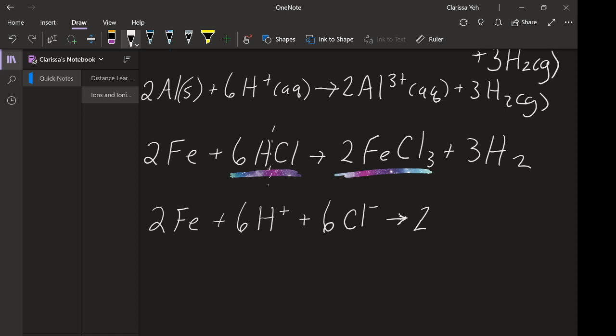Then to split up my FeCl3, because I know my Fe is balanced with 3 chlorines, and each chlorine has 1 negative, what do you think my charge on my Fe is going to be? How many positives do I need to balance out the negatives coming from the chlorine?